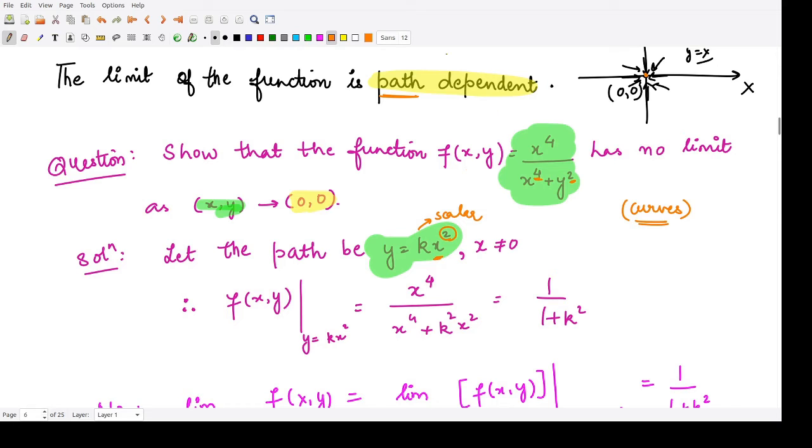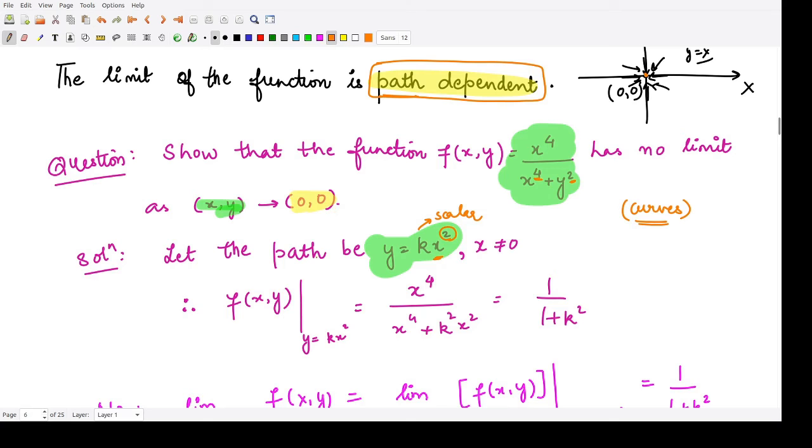What we were doing, we were just seeing the limit of this function, and we were seeing how this is path dependent. So for that we had considered this function x raised to power 4 divided by x raised to power 4 plus y square, and we have to show it has no limit whenever the point xy tends to the point 0, 0.